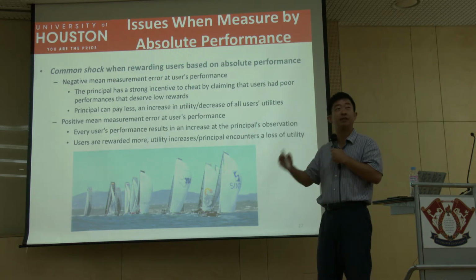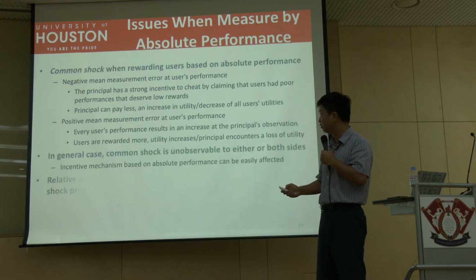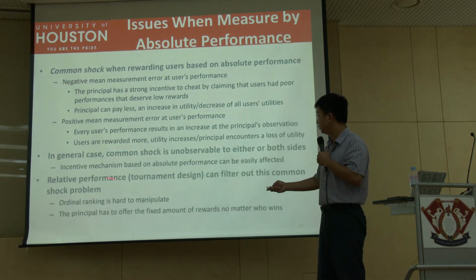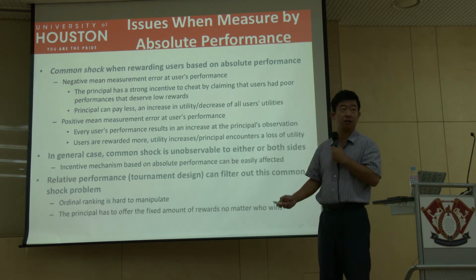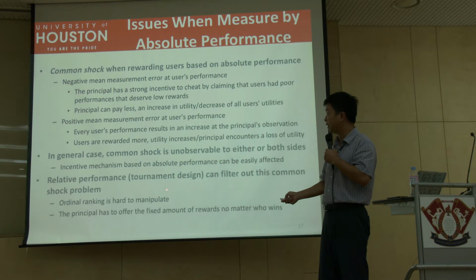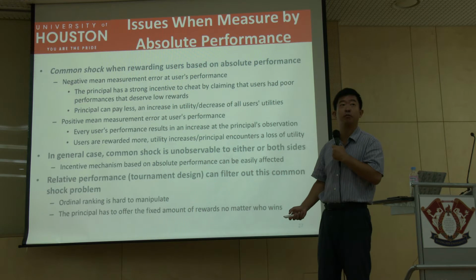Even though everybody breaks the record, somebody is very, very good, and I only reward this winner, so that we reward the relative performance and filter out this common shock problem.